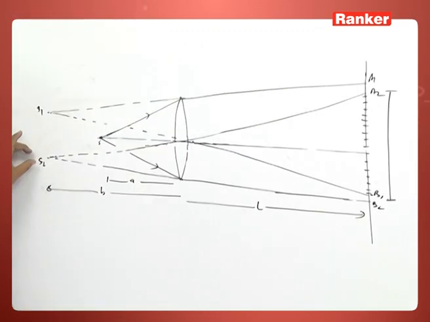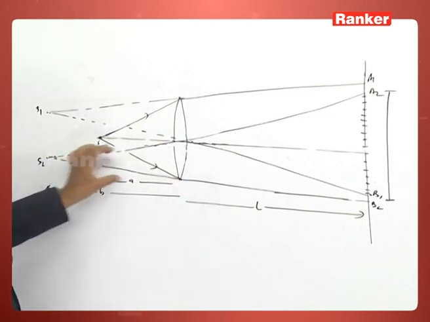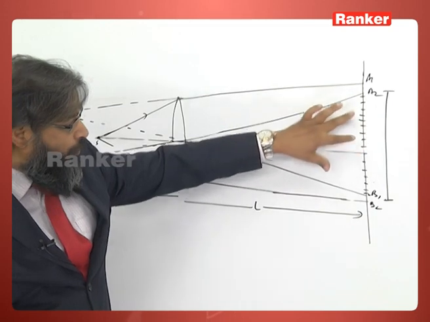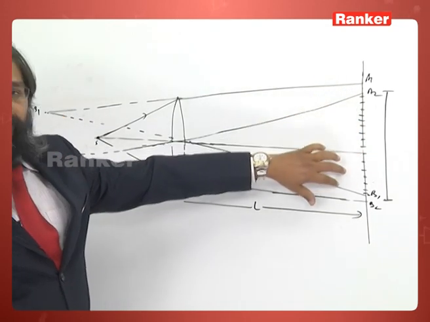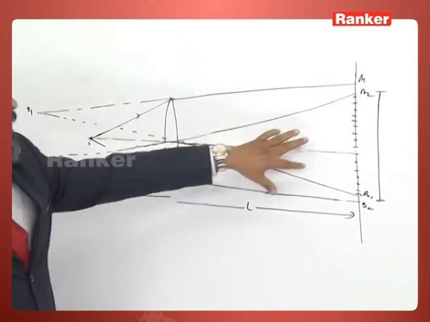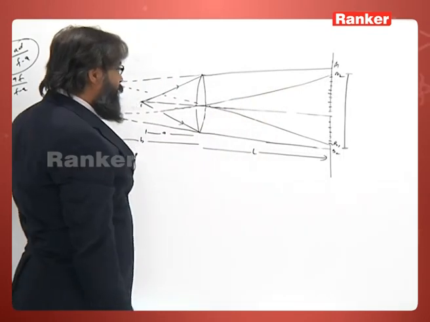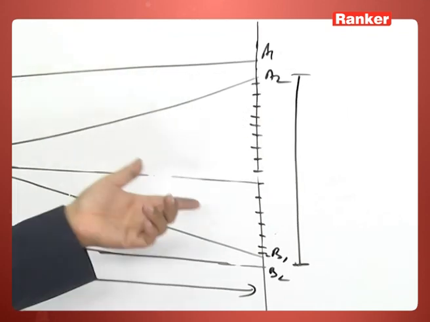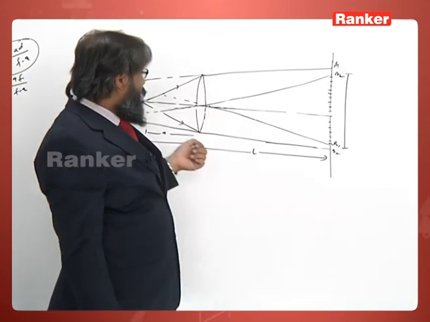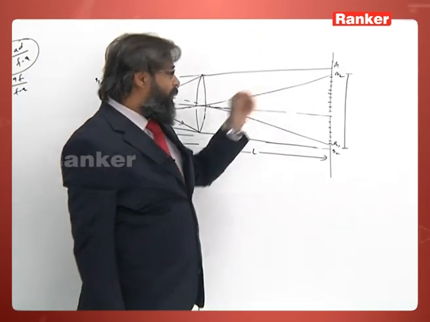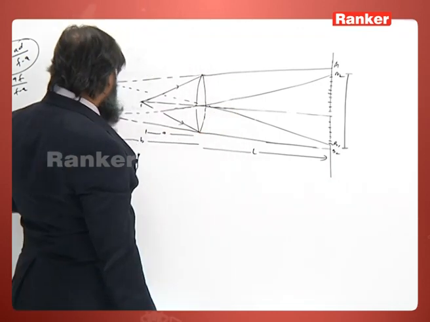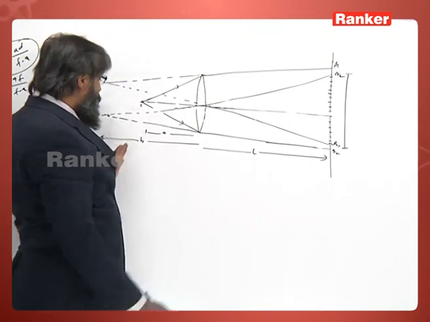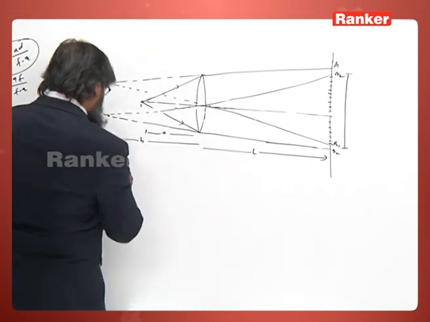This is magnified image and this wavefront reaches into A2B2 region. So, A2B1, that hashed region has the interference pattern. We wish to calculate what is the total number of fringes formed here and what is the fringe width, for which I require the distance between S1S2 which we have calculated earlier, and then let us calculate fringe width.